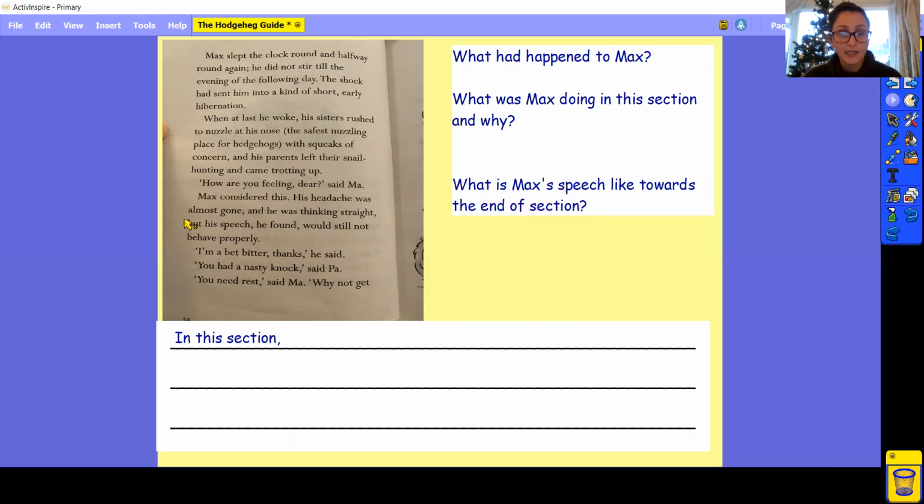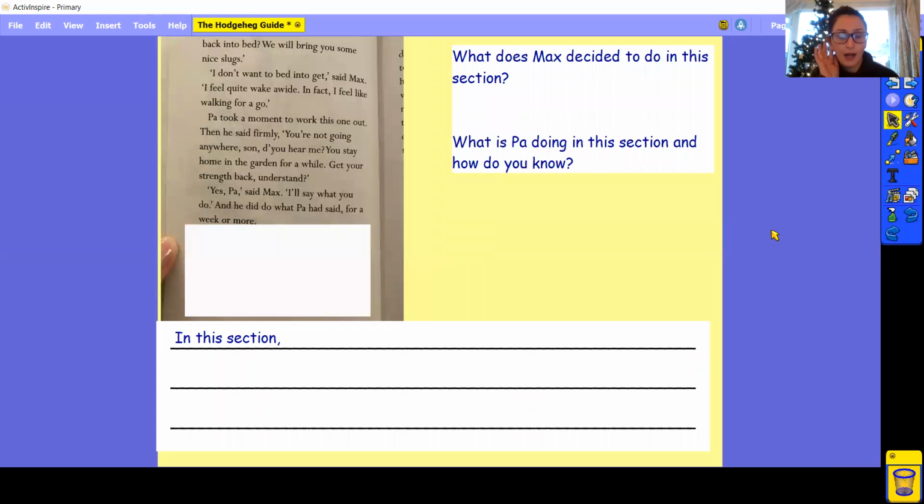Why did he have to do what he needed to do? And what was Max's speech like towards the end of the section? Did it get better or did it get worse, or was it about the same? Think about what's happened to his speech in the last section that we read. Again, if you need to pause, if you need to have a reread, do so.